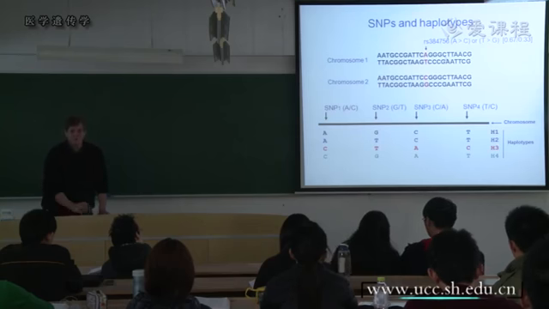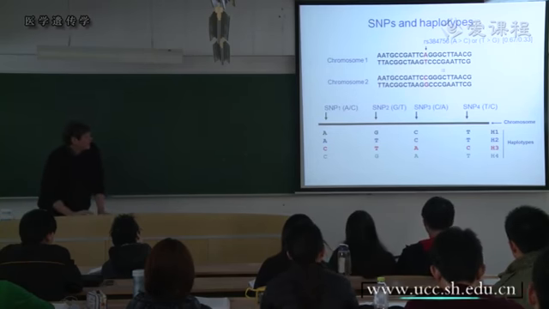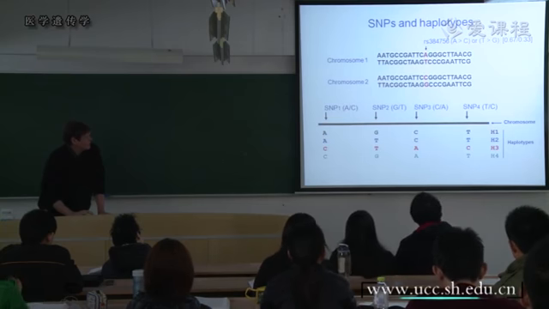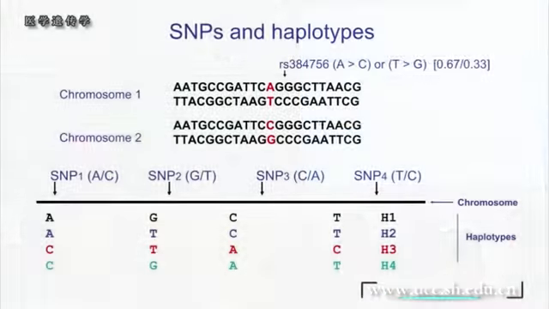Now, since these are on different chromosomes, and different chromosomes can come together randomly, you might ask, well, what's the frequency? If you know these allele frequencies here, what's the probability of finding a person with A at both of these positions instead of one chromosome A and the other C?